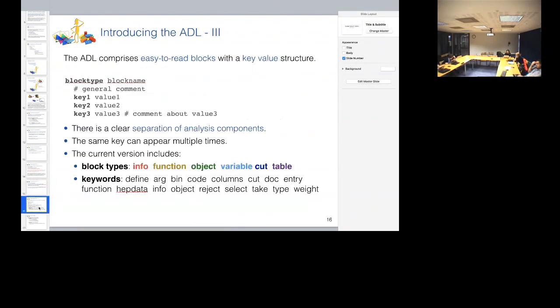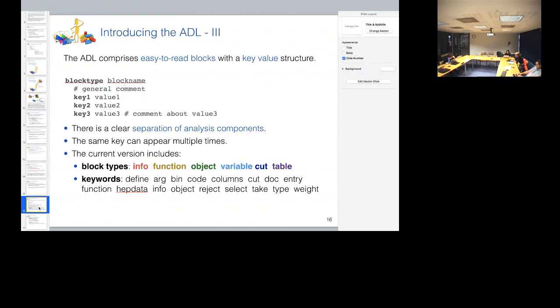Okay, so what is the core of this language? Let me first of all start by saying, when you step back and look at our analyses, what does one see? One sees basically objects that transform one to the other and are manipulated in various ways. And having built these objects, one views the event as an object on which certain selection criteria are applied.